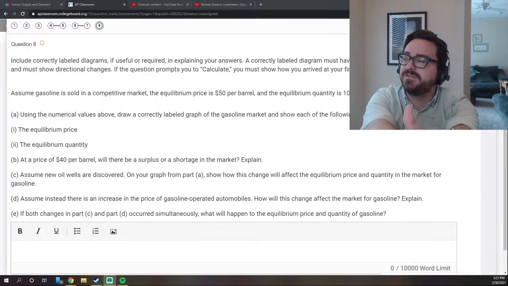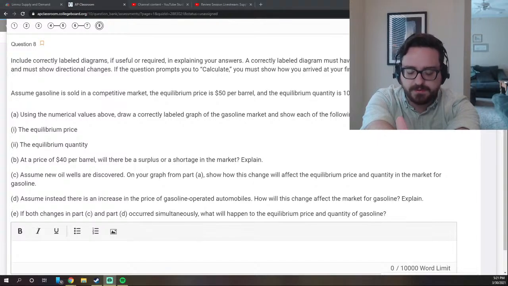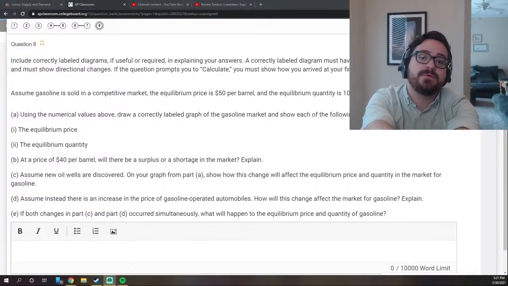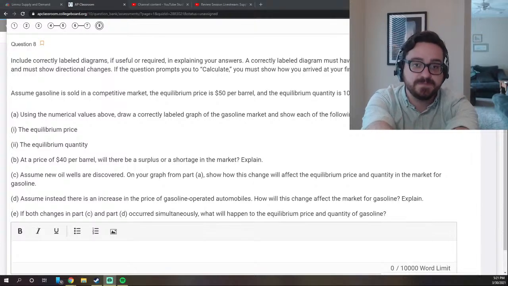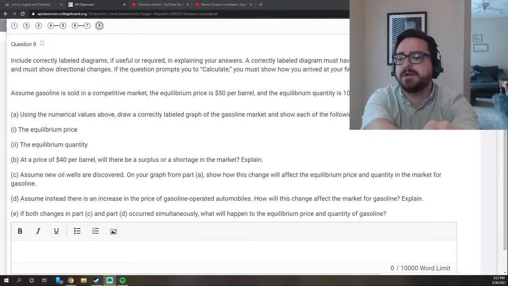Because if it's a complementary good, people will want that other good less. If gas-powered cars are now more expensive, I will not want gasoline as much, because I'll end up trying to buy an electric-powered car instead. So demand will go down.